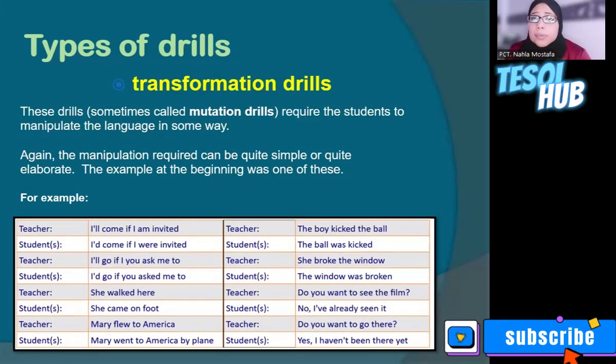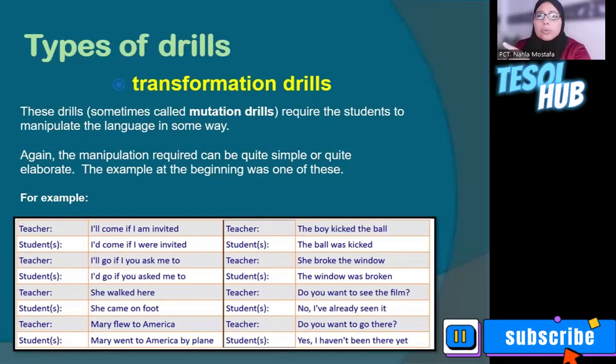Transformation drills. In transformation drills, I change the whole form into another one. So if I say the affirmative form, students would say the negative one. Or if I say the present form, students would say the past one.